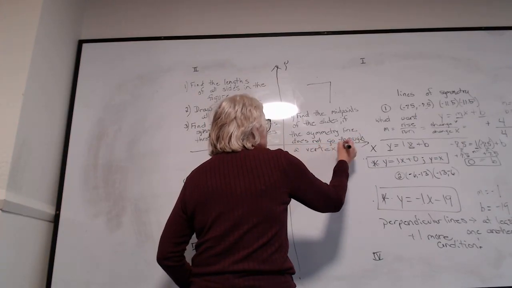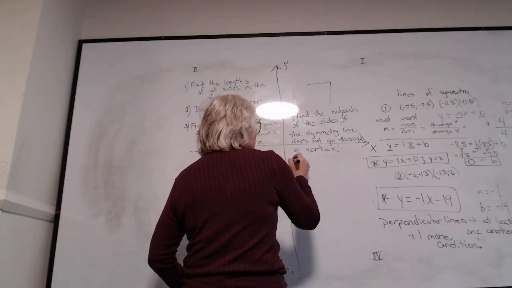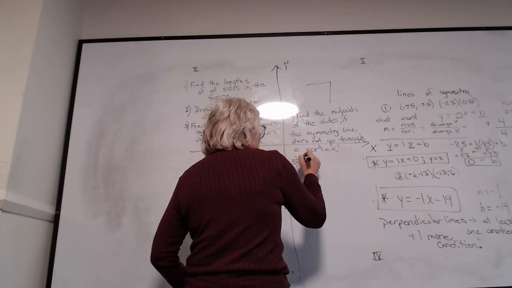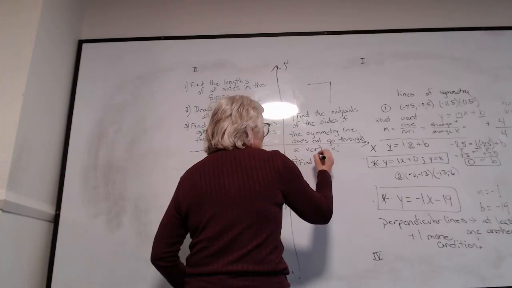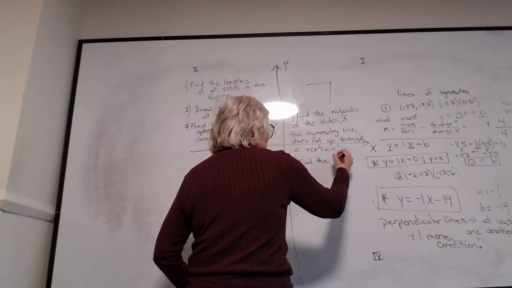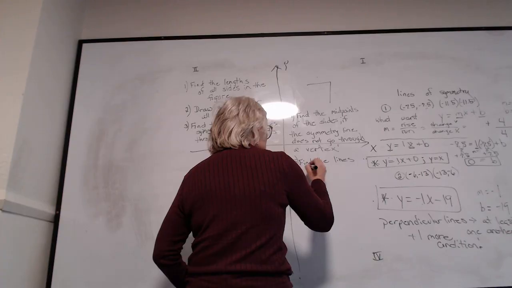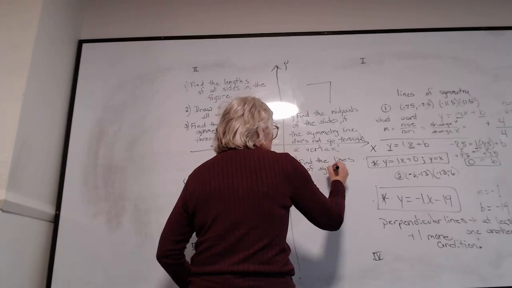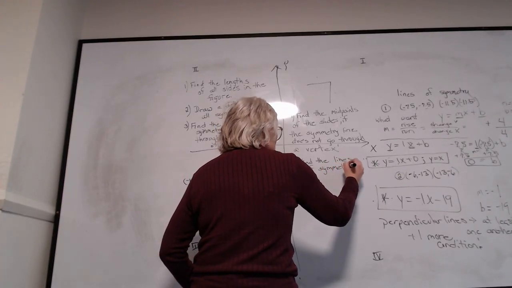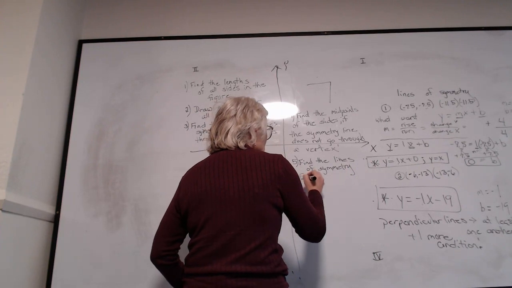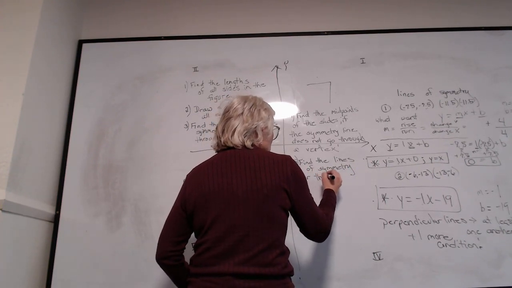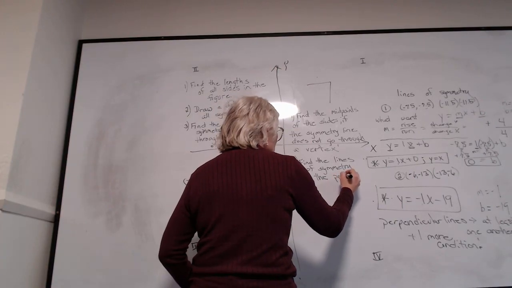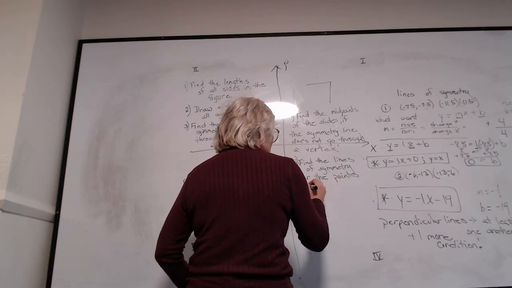Write this down please. And step 5, find the lines of symmetry for the points not on the vertex.